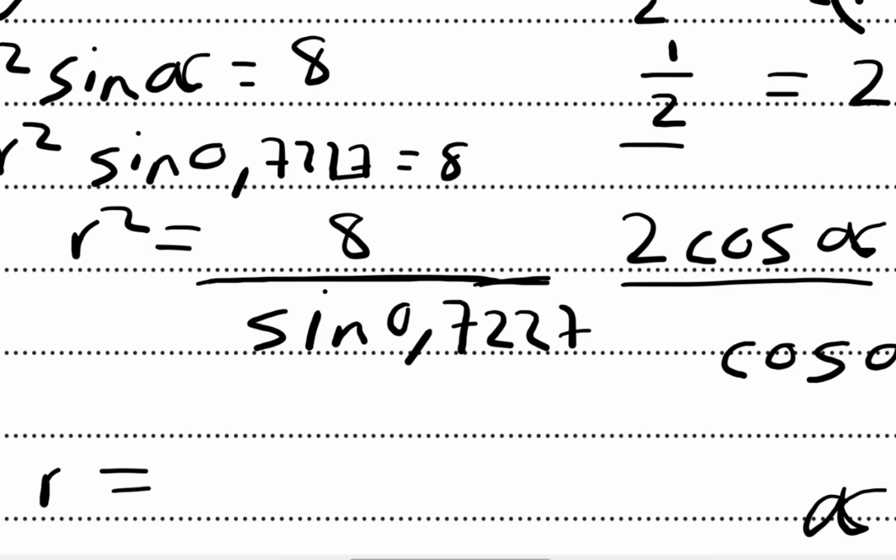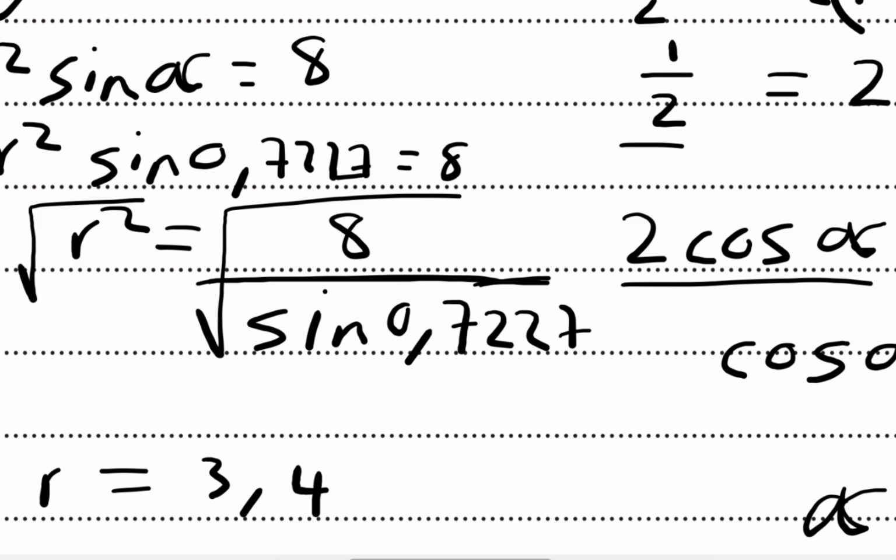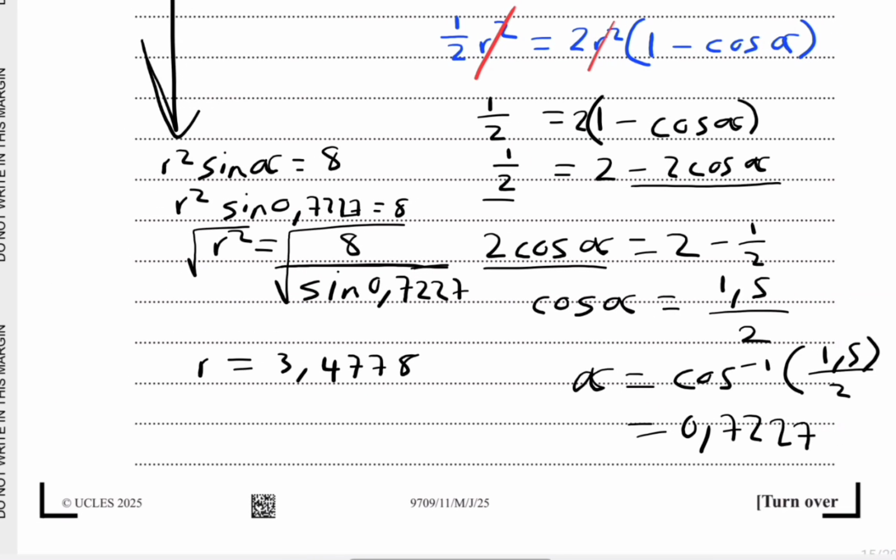And punching this in our calculators. So now for us to find r, we're just going to square root both sides. So it will be the square root of 8 over sine 0.7227. That gives us, exactly, 3.4778, and that's our r, right?